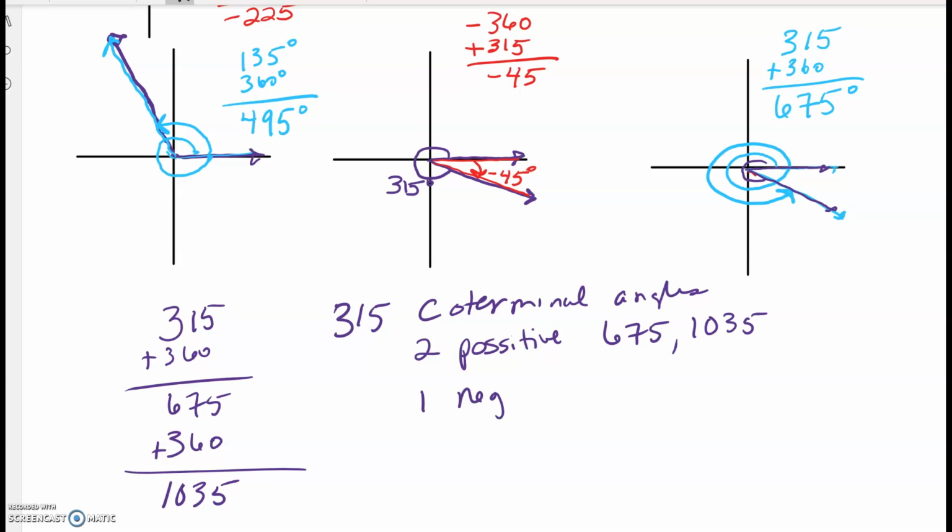One negative would be negative 45. What if I wanted to have two negative? Well, then all I need to do is take negative 45 and subtract 360, and now I'm not multiplying here, I'm subtracting. So negative 45 minus 360 is going to give me negative 405.